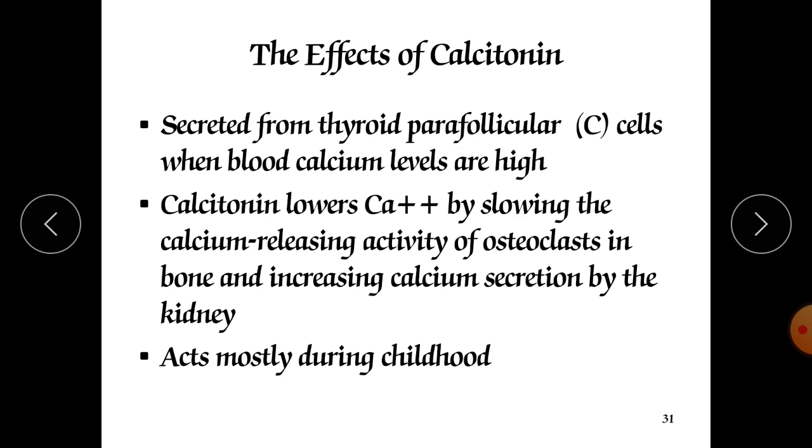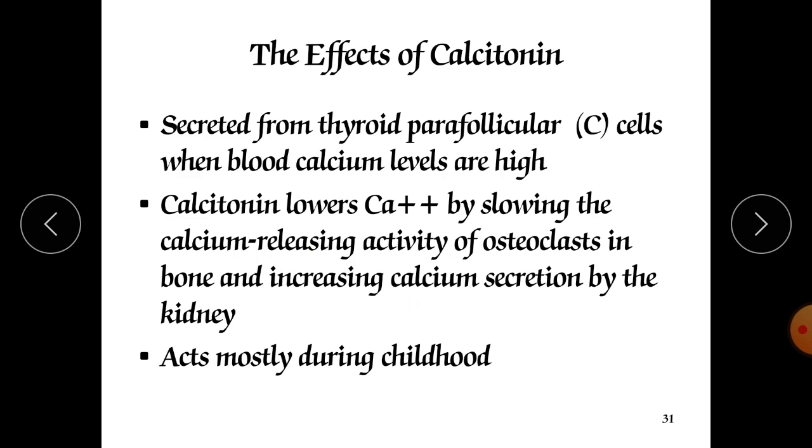So the osteoclasts are there. From the extracellular matrix, they are increasing the calcium secretion by the kidneys. Whatever the calcium secretion is there, due to which calcium loss occurs from our body. So what is our role? To maintain the calcium level.